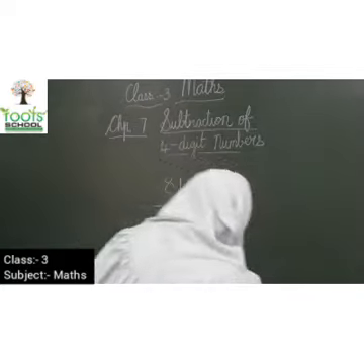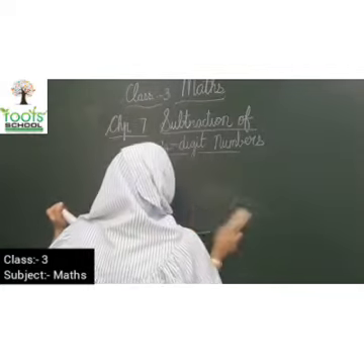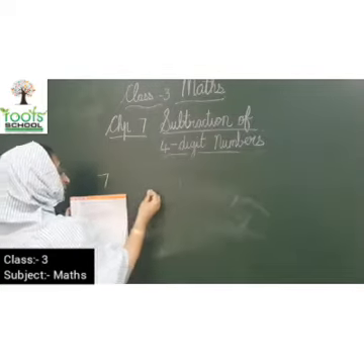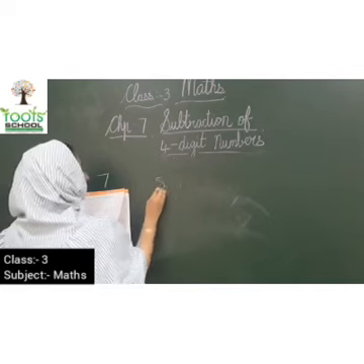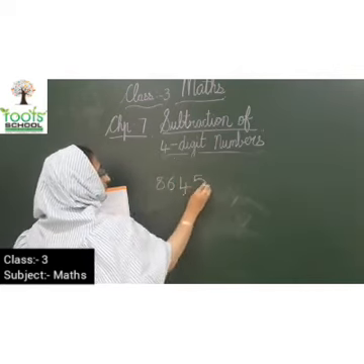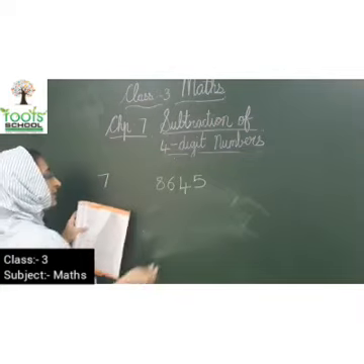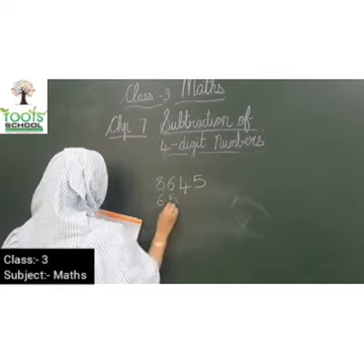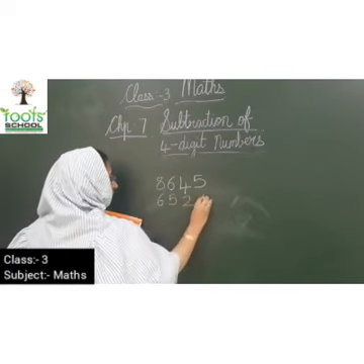Okay. So now let's solve sum number 7. What is the minuend? It is 8645. And what is the subtrahend, kids? It is 6524.